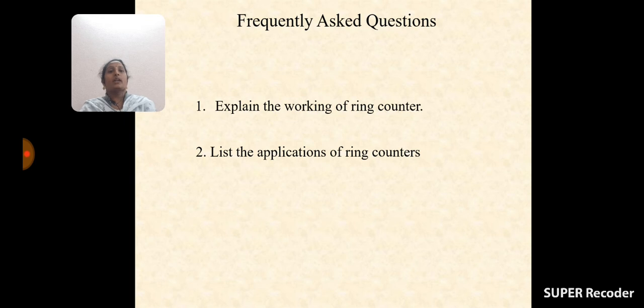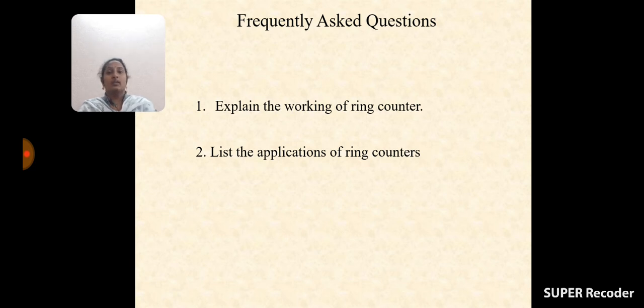Okay. And the 5 marks question: explain the working of a ring counter with its logical diagram. So in a ring counter, which kind of flip-flops are used? That is a 1 mark question.